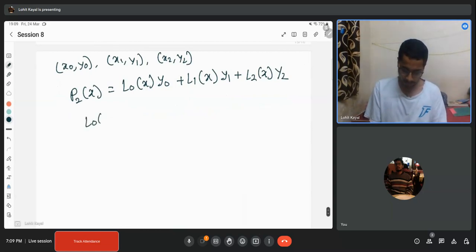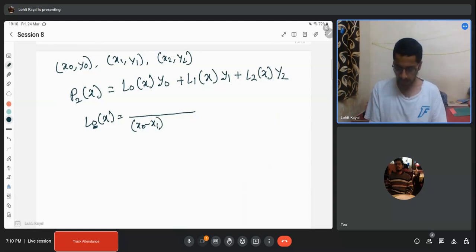Now what will be the L0 of x? How to remember? You need to remember this formula. I remember it this way. Here it is 0, so it will start with 0, and it will not take x0 in any other term. So the denominator will be (x0 minus x1)(x0 minus x2), not x0 minus x0, otherwise it will be infinite.